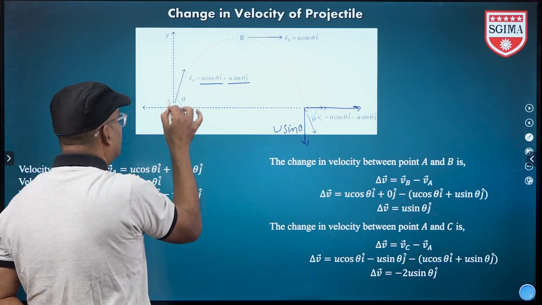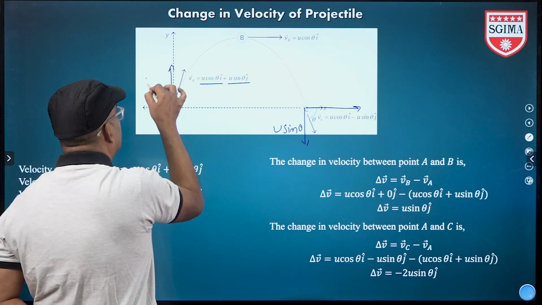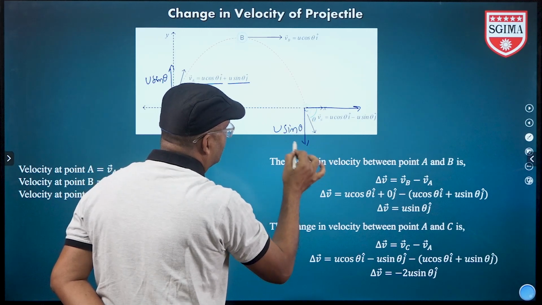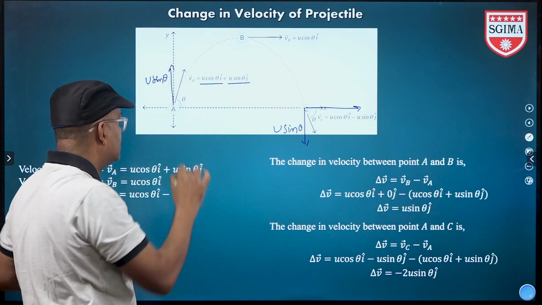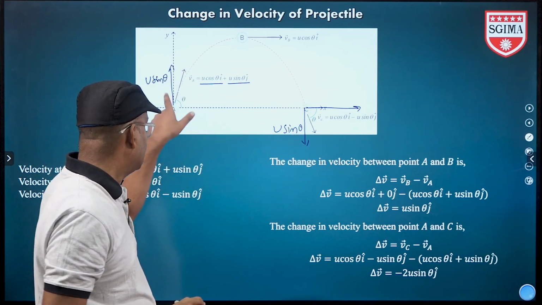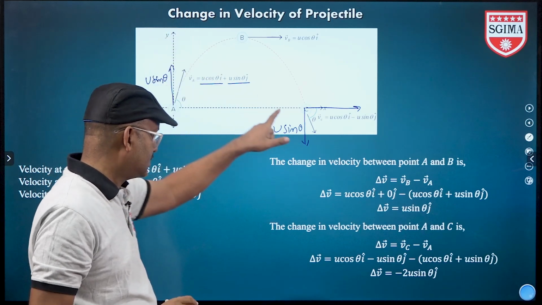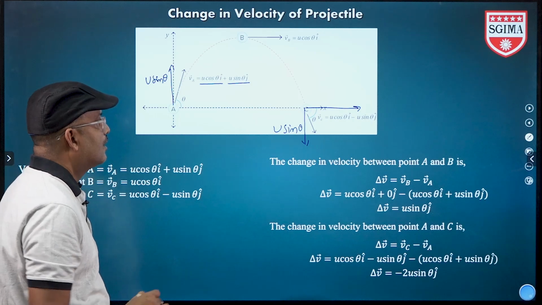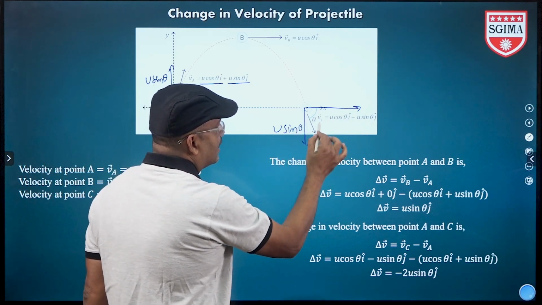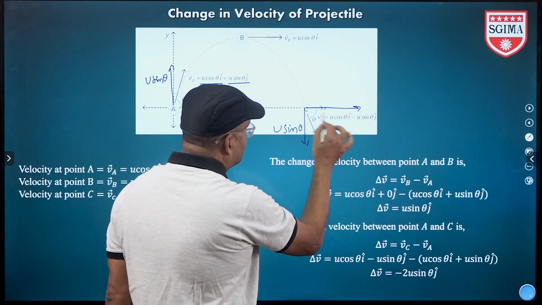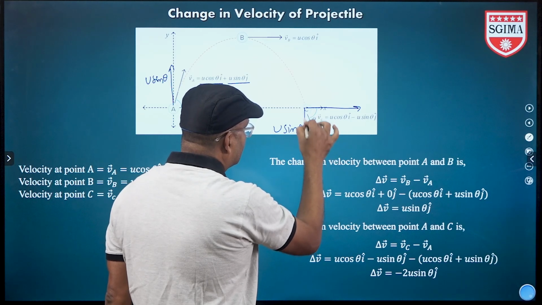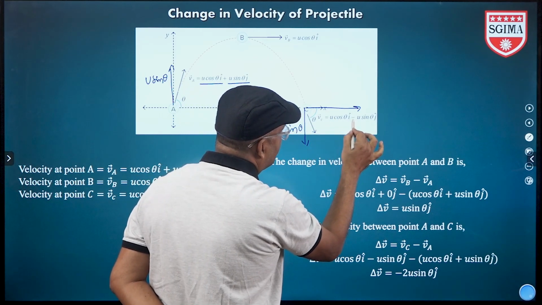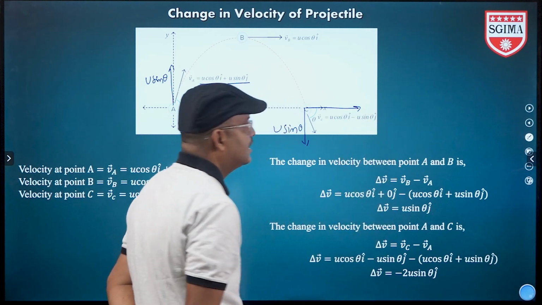The vertical component at the start is along positive y direction, but here it is along negative y direction. That is why we can write this velocity in the form of u cos theta i minus u sin theta j.